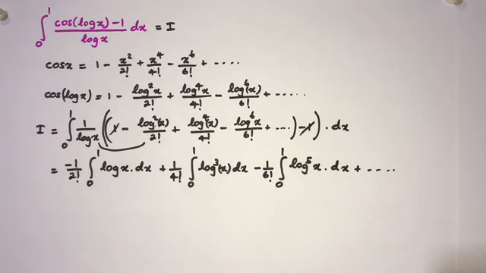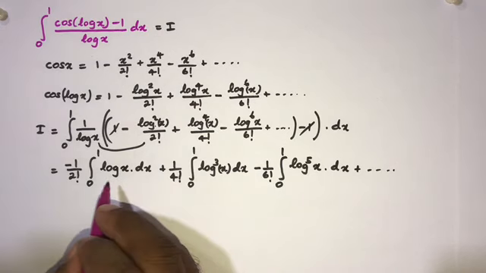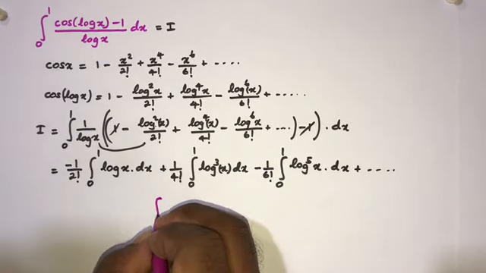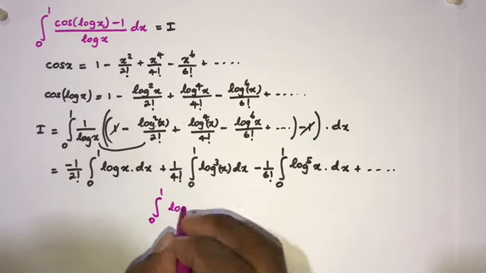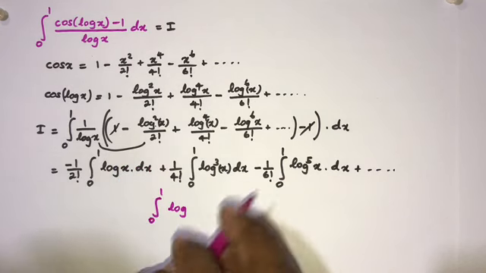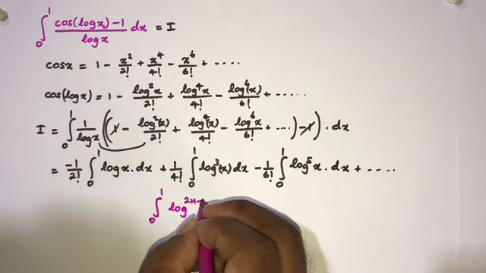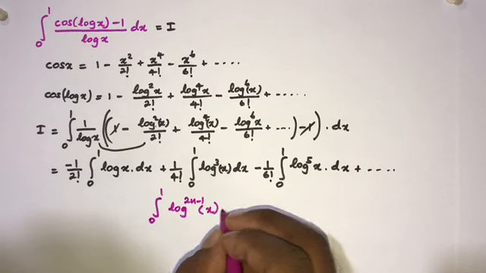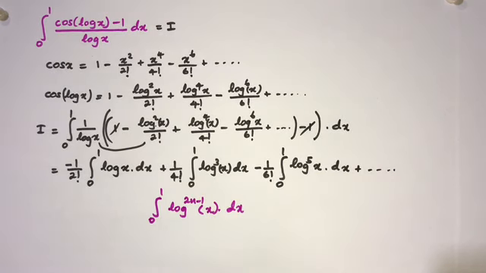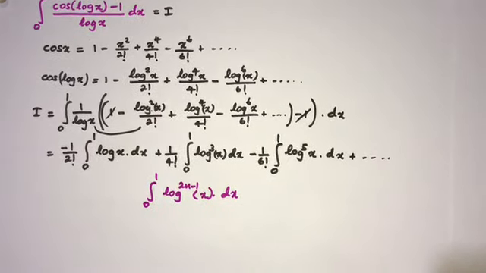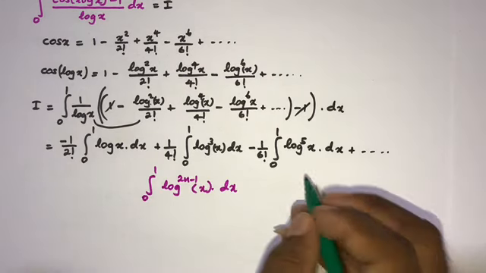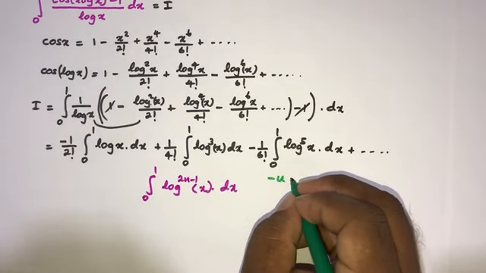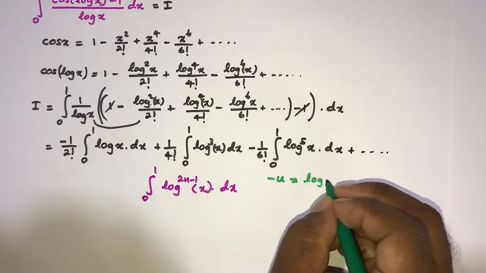So if we take the general case, we can write the integral from 0 to 1 of natural log to the power 2n minus 1 of x dx, where 1, 3, 5 have a common form. Now we are going to evaluate this general case using a substitution. Let minus u be equal to natural log of x.